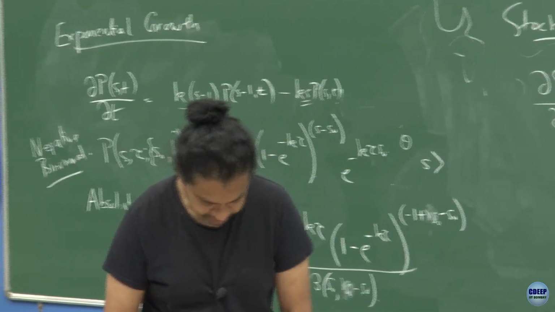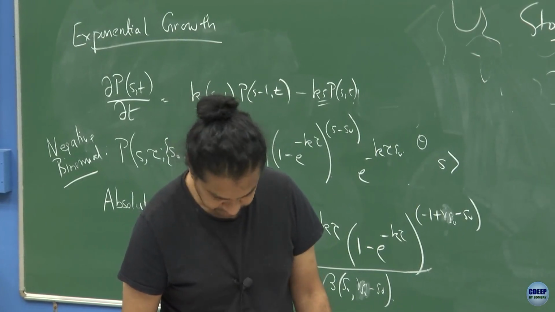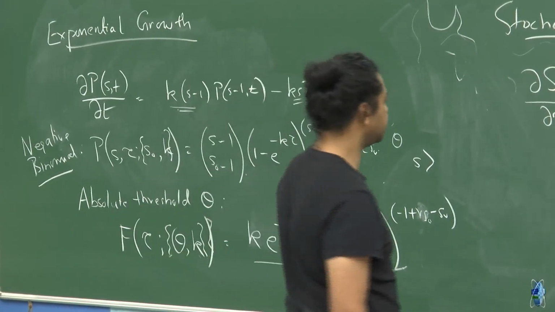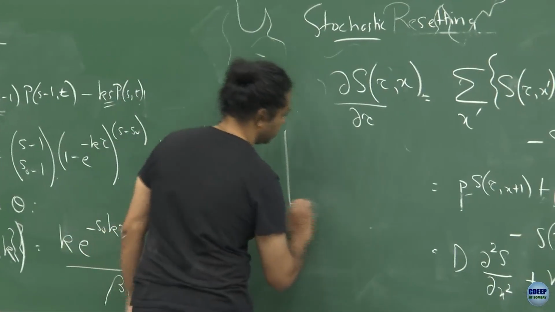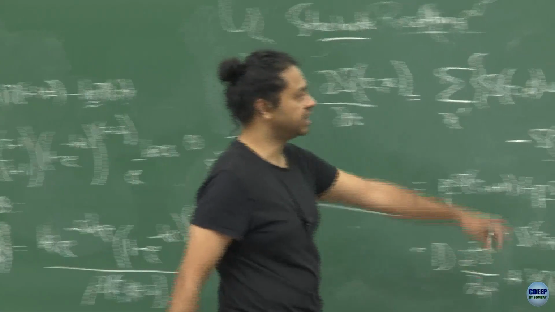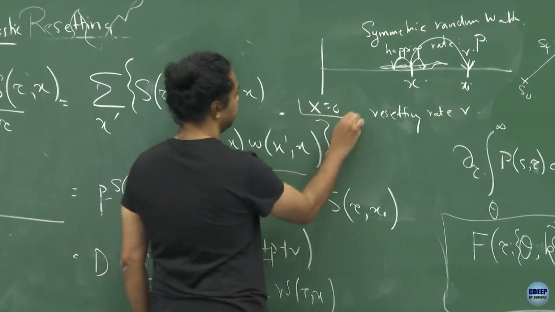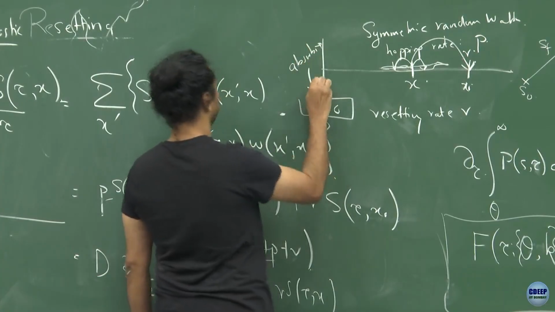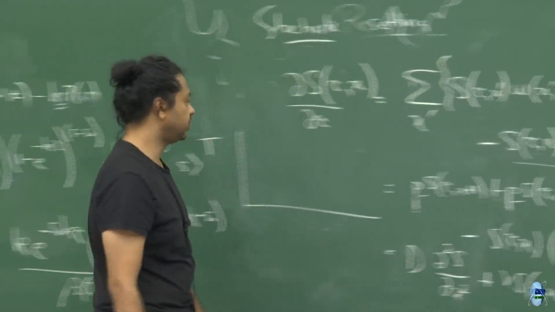Once you have written down the backward equation, of course, it's a question of solving it, so you can try and solve. But essentially what one shows, or at least what you should be able to show, is that if you look at the time taken to find the target, in this case x equal to 0, which is where I put the absorbing boundary condition. So x equal to 0 is absorbing. How long does it take to reach this origin?